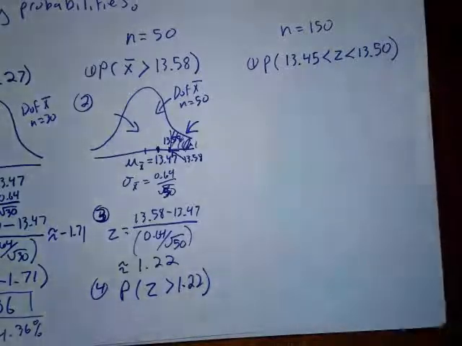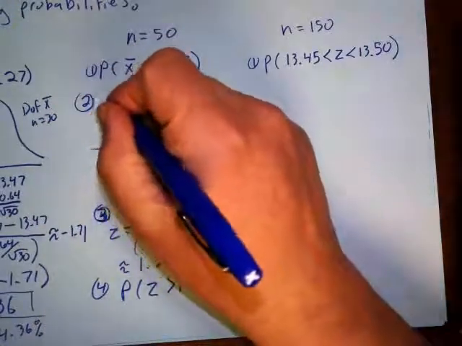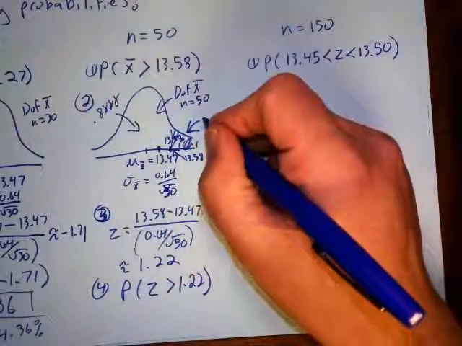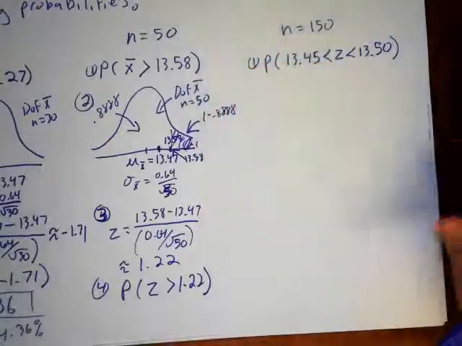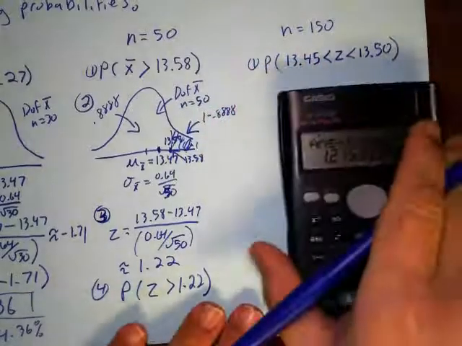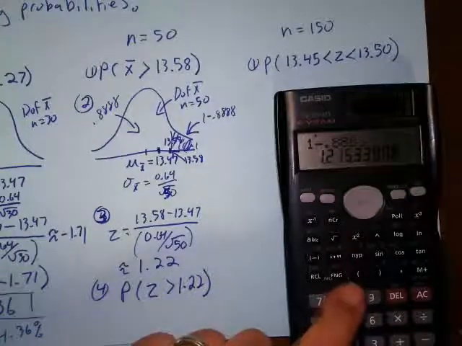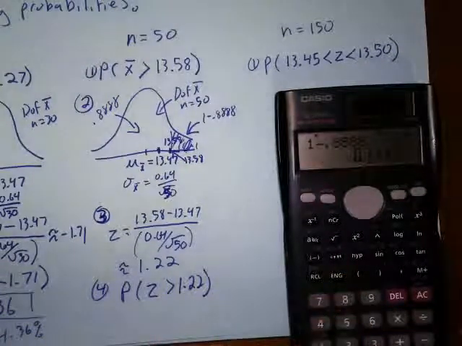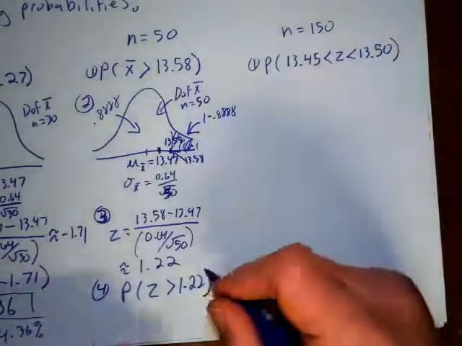and I get 0.8888. And this is 1 minus 0.8888, which I'm thinking is like 0.1222. Let me just make sure. I'm glad I checked that out. 0.1112.